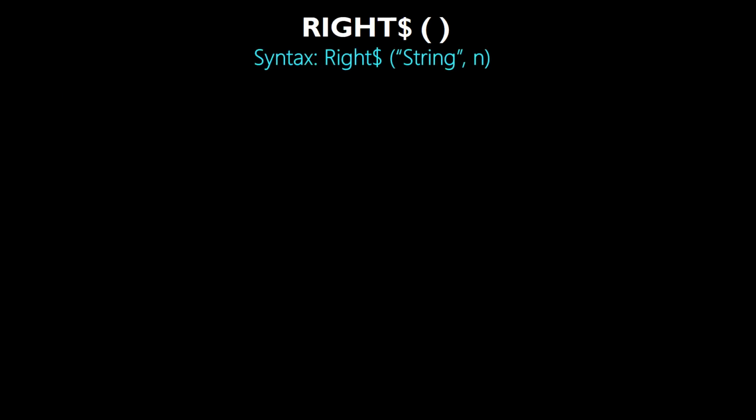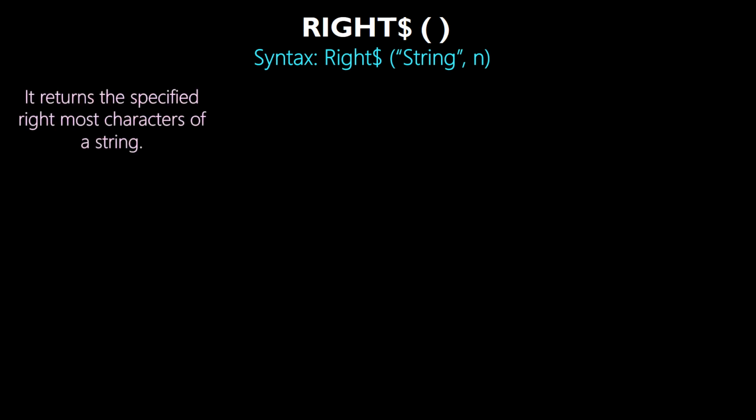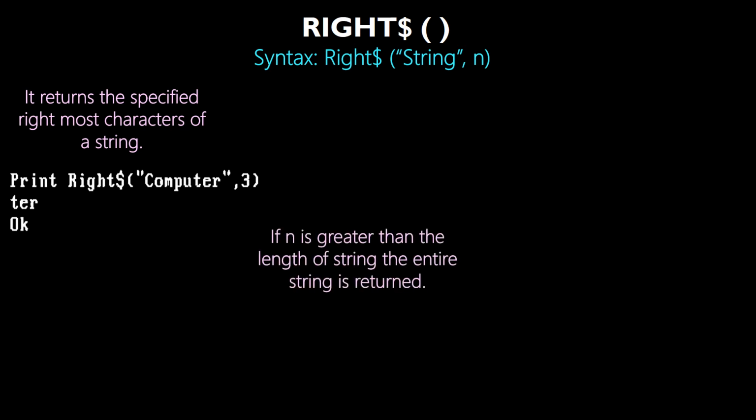RIGHT$. Syntax is RIGHT$(string, n). As the name indicates, it returns the specified rightmost characters of a string. PRINT RIGHT$("computer", 3) means that the last, or the rightmost, 3 characters, ter, would be printed. If n is greater than the length of the string, then the entire string is returned.